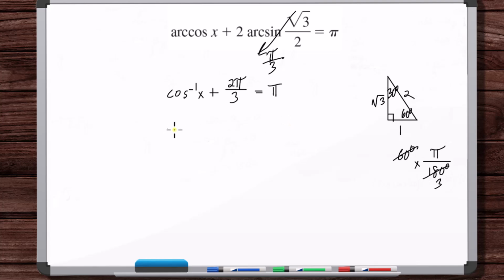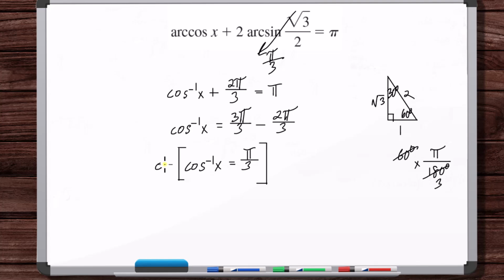All right, now let's subtract 2 pi over 3 from both sides. So we've got 3 pi over 3 minus 2 pi over 3. Okay.